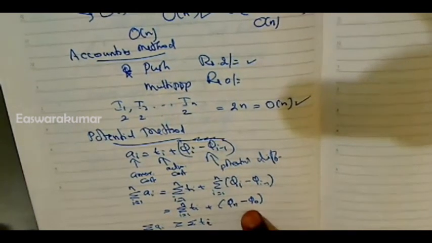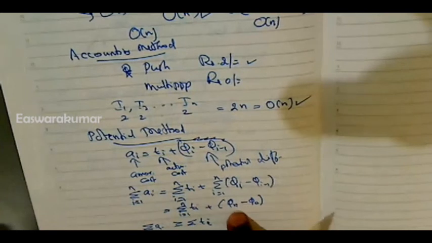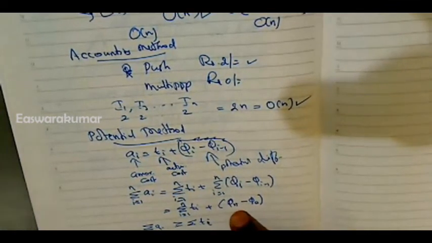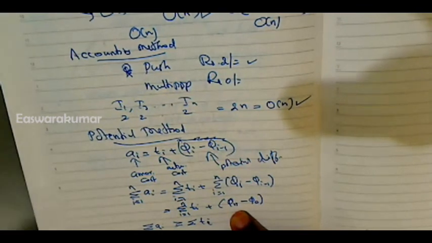This pi is called the potential function, and it is user defined. We have to define it, and it varies from problem to problem. Amortized analysis is again not easy for all problems. If you do not define the potential function properly, you won't get the answer.